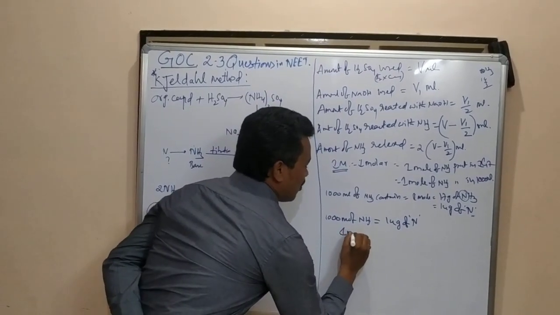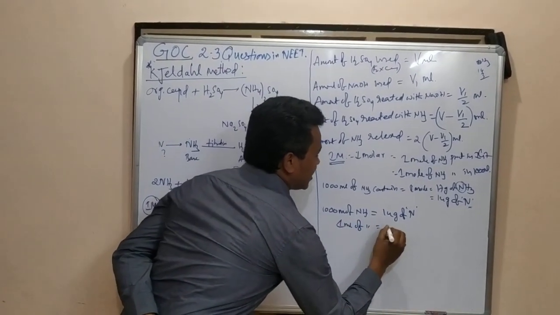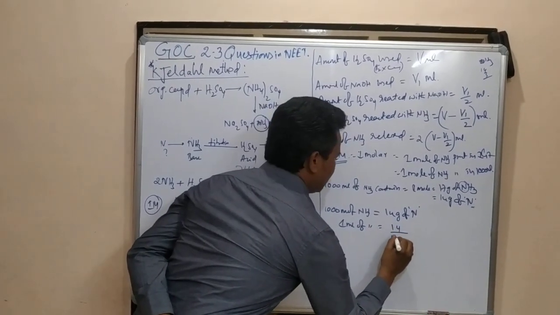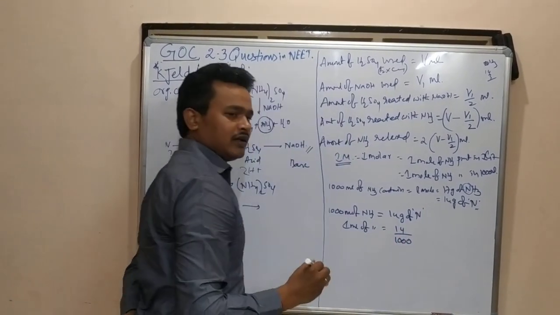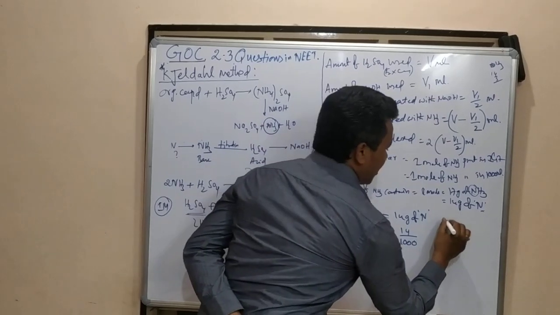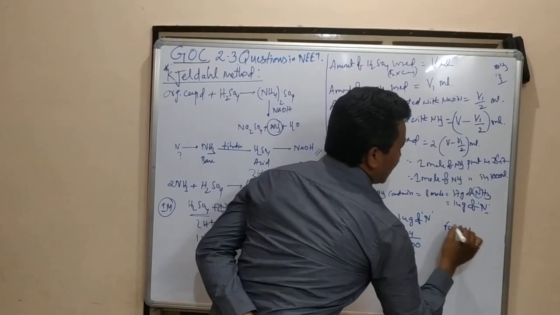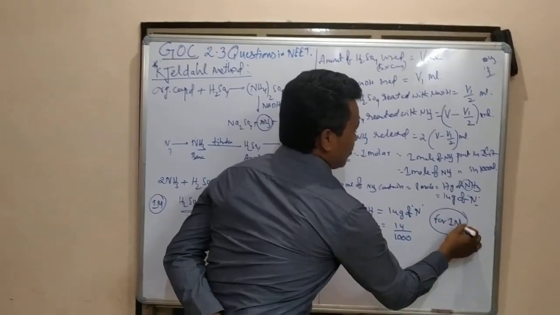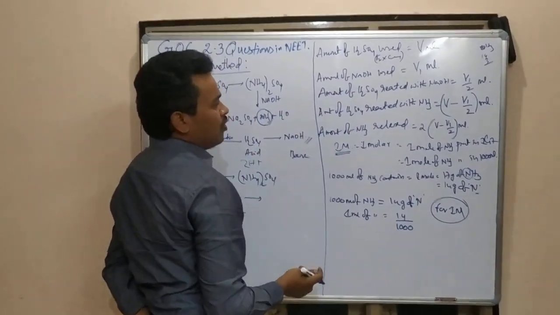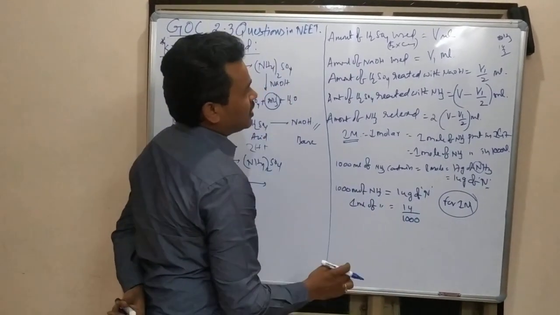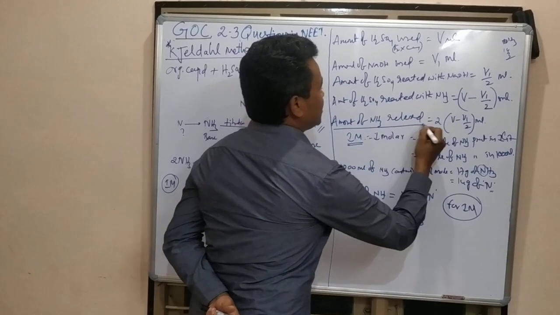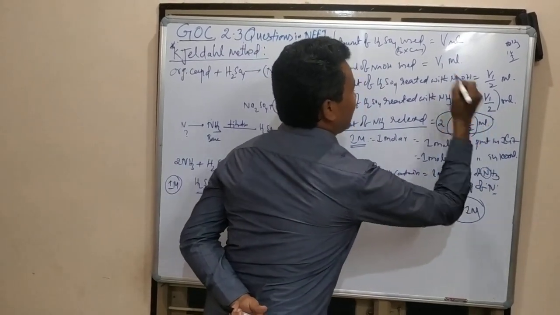Again, 1 ml of NH3 contains how much? 14 by 1000. This is all for a 1 molar solution. 1 ml contains this much. The amount of NH3 released in this much ml I have in my hand.